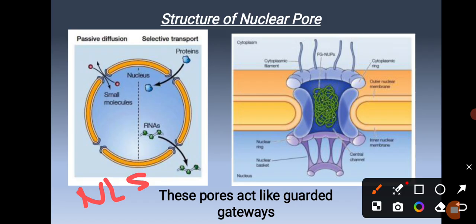This ensures that only authorized macromolecules enter or exit the nucleus. This is the second function.